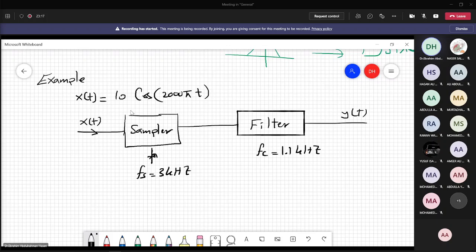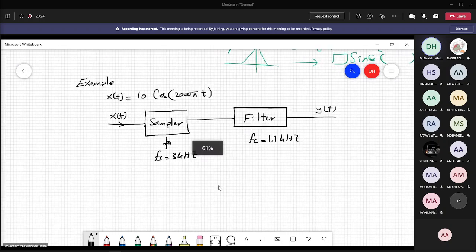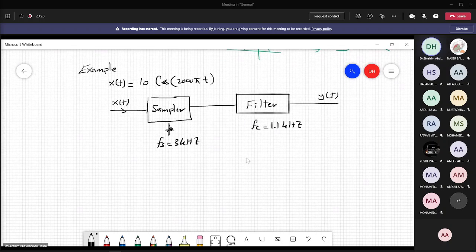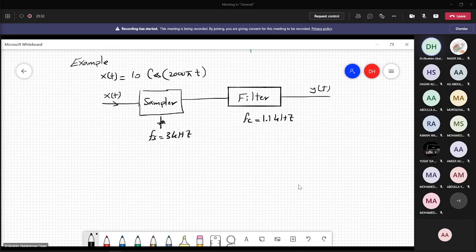So here we sample it, and here we reconstruct. First we said that we are going to work in the time domain and the frequency domain.